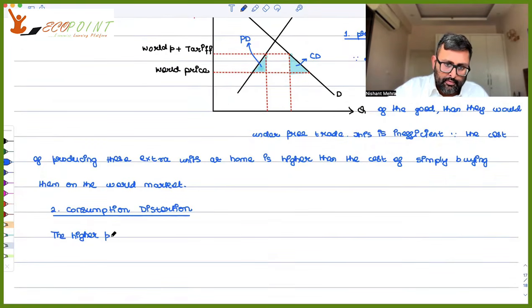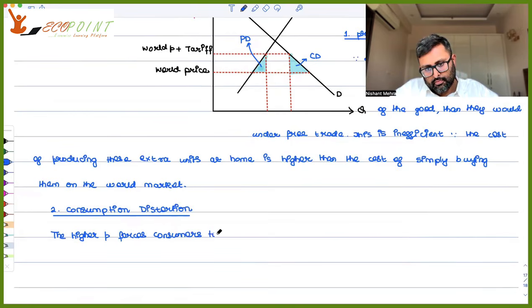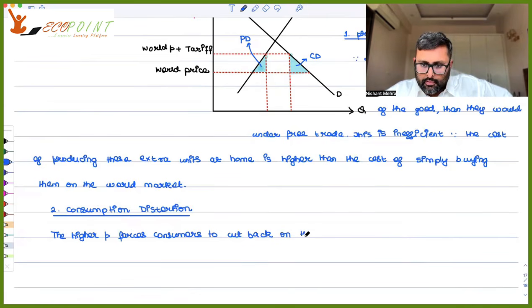The higher price forces consumers to cut back on their consumption.